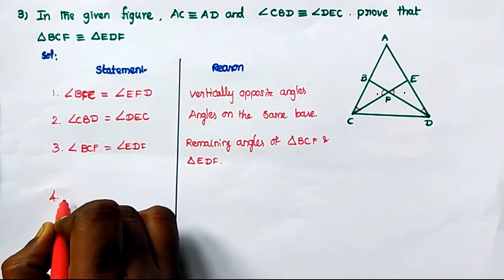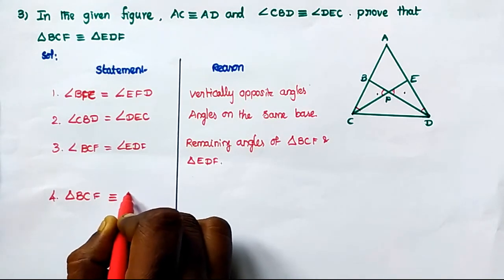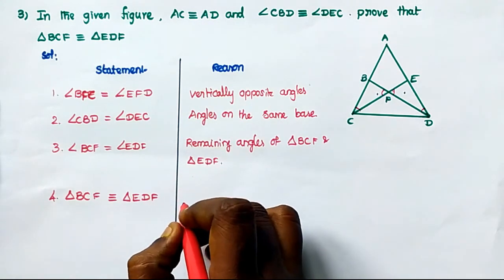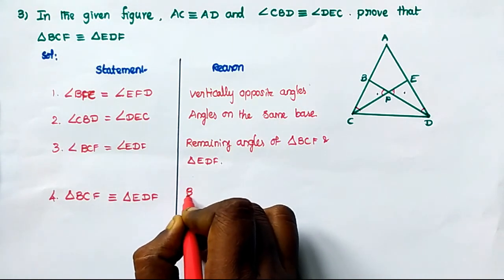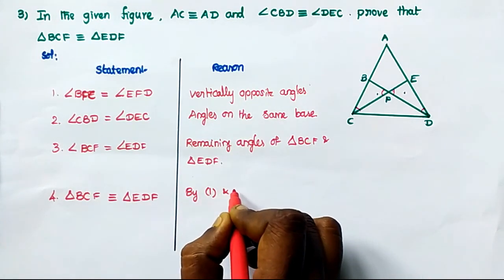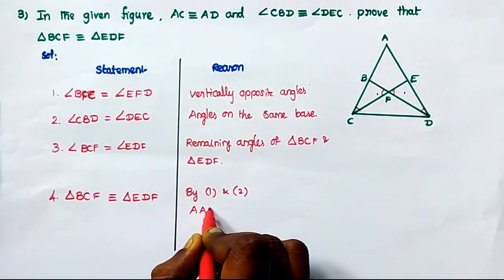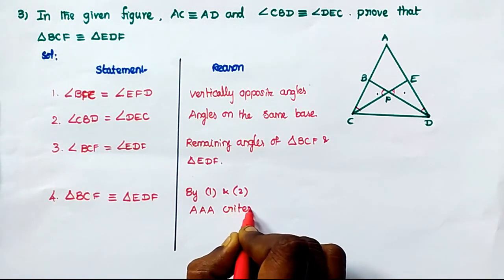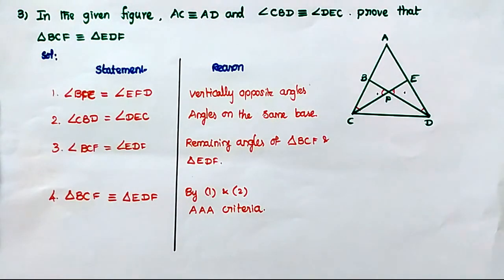And the last one, triangle BCF is congruent to triangle EDF. Again the statement, that is the proof for which one? BCF is congruent to EDF by 1 and 2. That is what? 3 angles are congruent, so angle criteria. That proves statements 1 and 2. Okay, that is the answer.